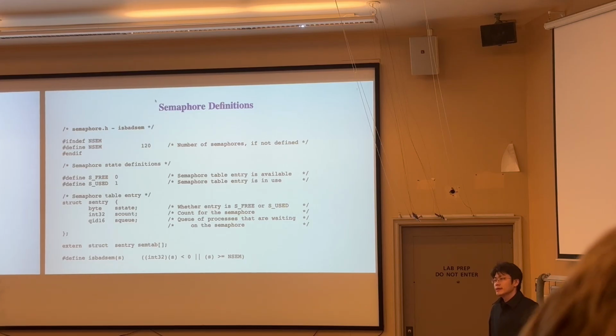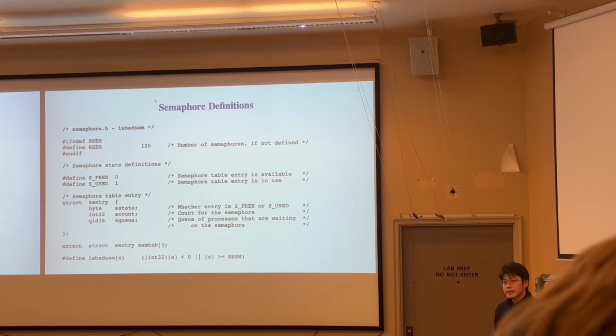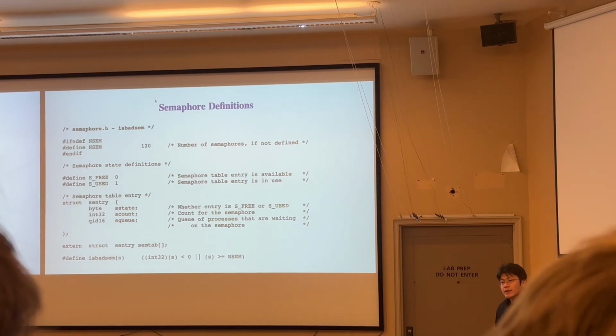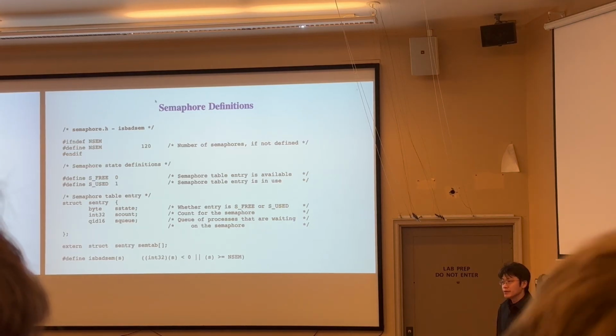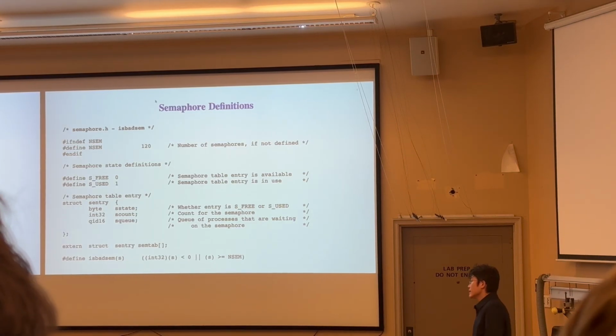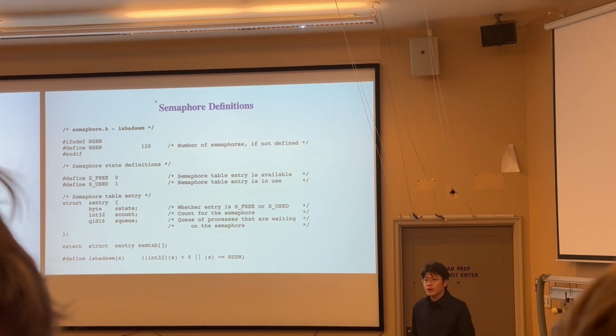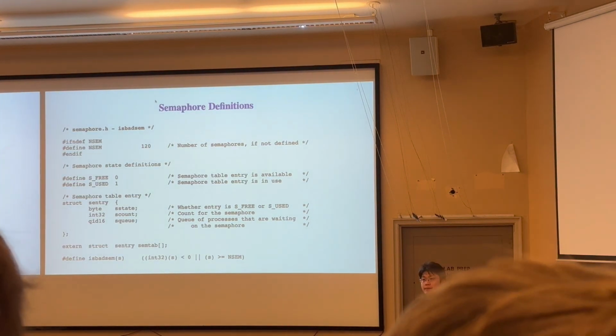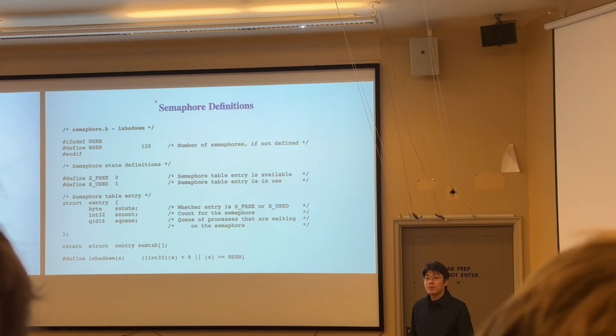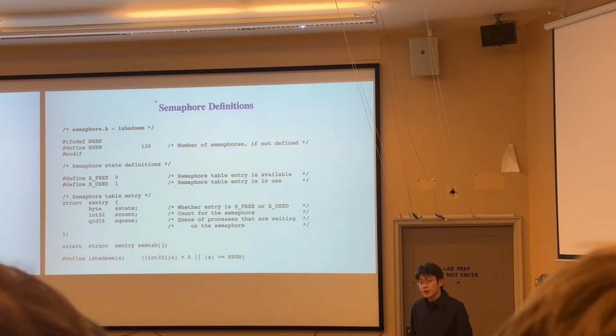All right, we're getting started. So let's start with where Semaphore is stored. We explained this. Where are these semaphores stored? And what are the data members of a semaphore?